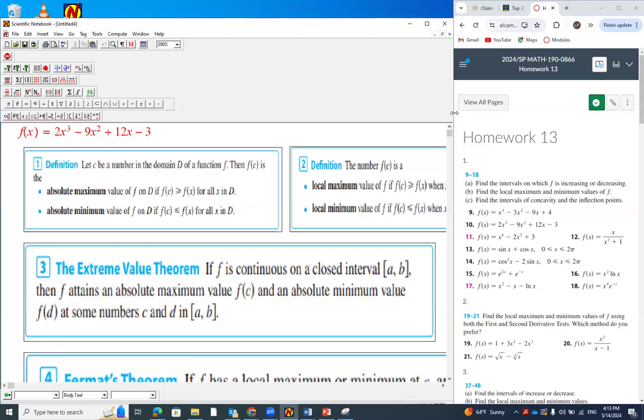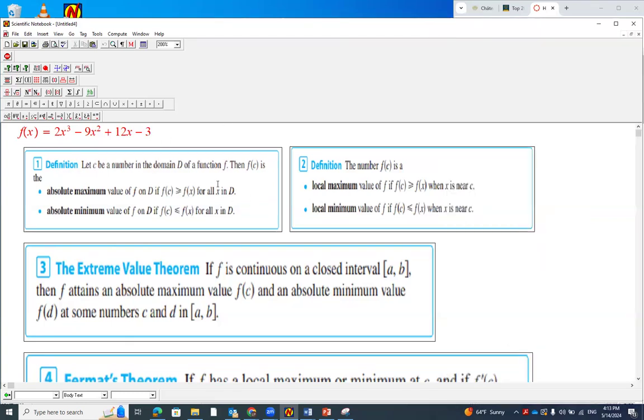Now in this case, obviously we're not given a closed interval, so the extreme value theorem does not apply. The extreme value theorem only applies when the interval is closed and the function is continuous.